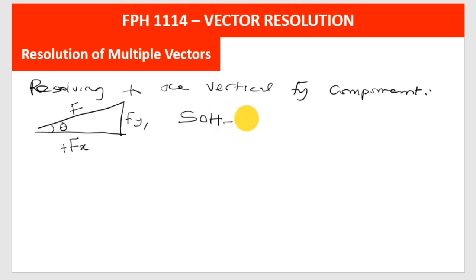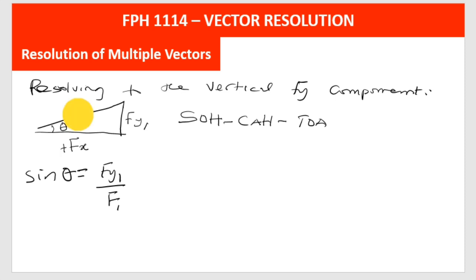Here we have a shortcut that we can be using: SOH, CAH, TOA. Sine theta is opposite over hypotenuse. Cosine is equal to adjacent over hypotenuse. Then we have tan to be opposite over adjacent. So from here, we have sine theta to be equal to Fy1 divided by F1.